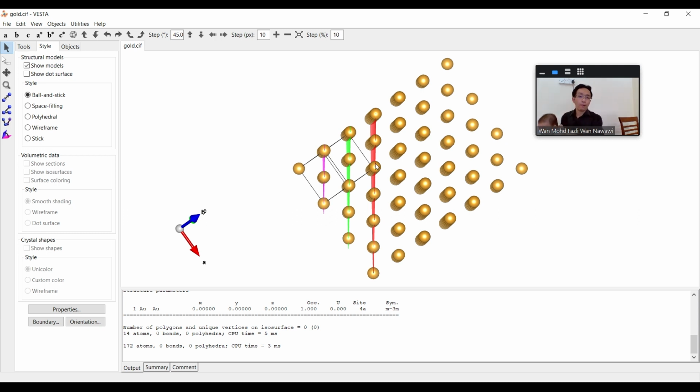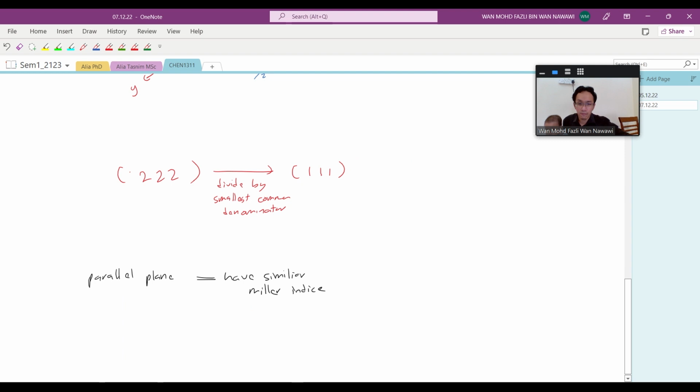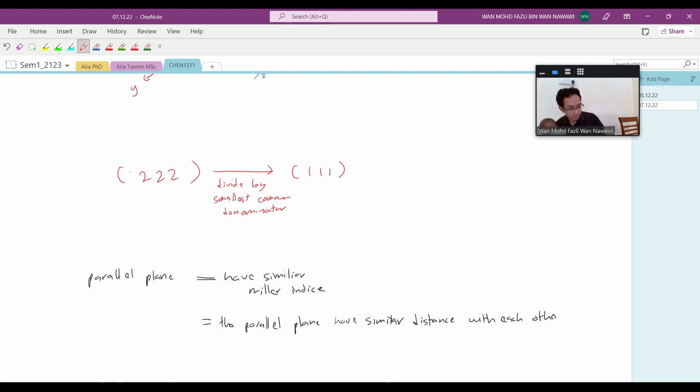So one of the things you need to understand about planes is that parallel planes have similar distance with each other.